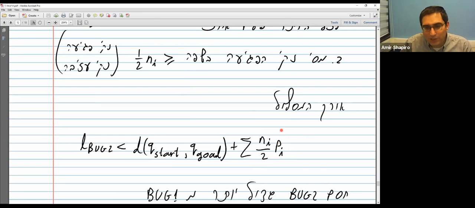So this is how long it takes to pass along the obstacle boundaries, and this is the distance from the start to goal. And this is the maximal distance that the algorithm will pass.